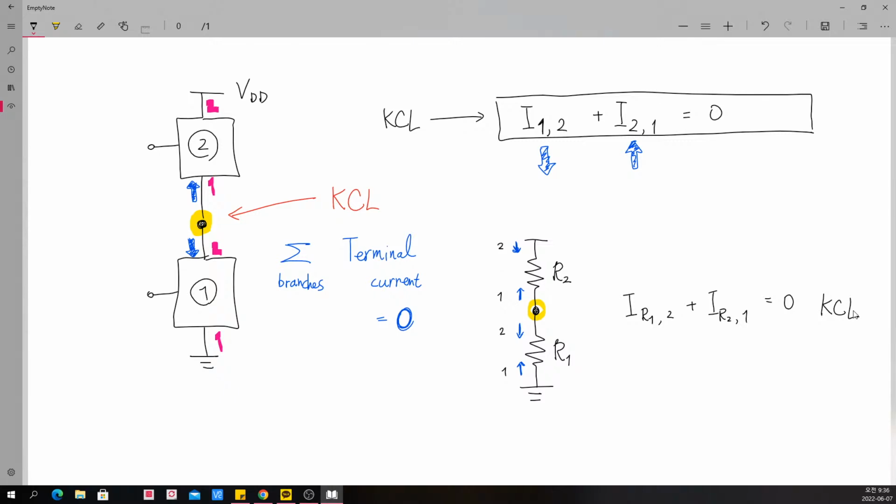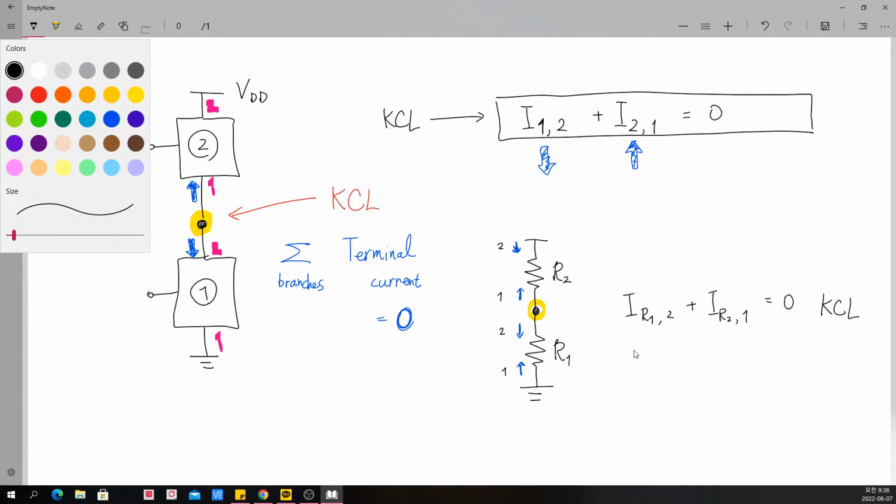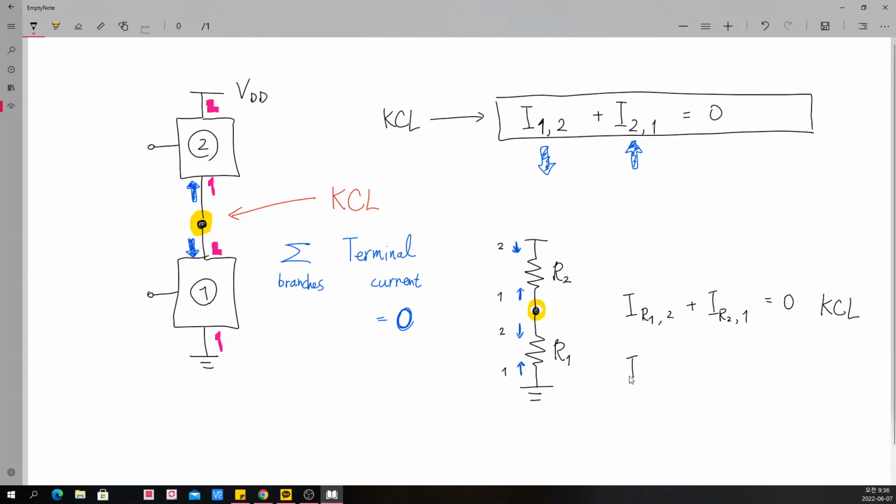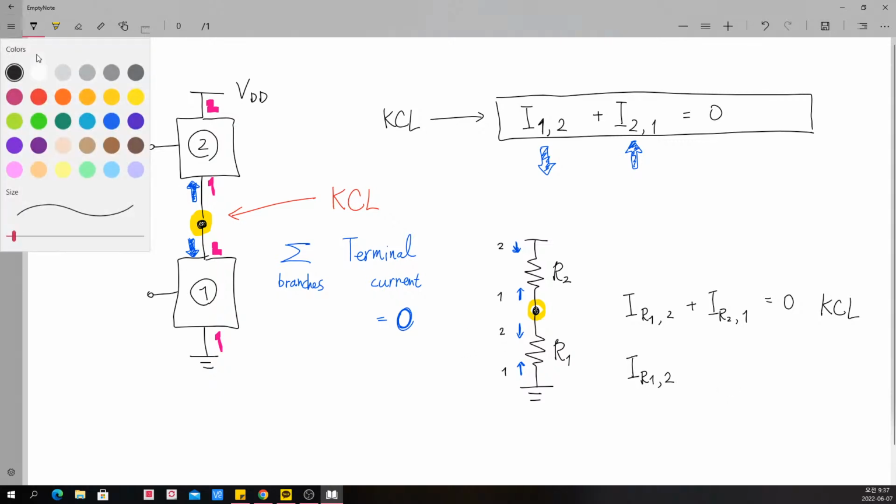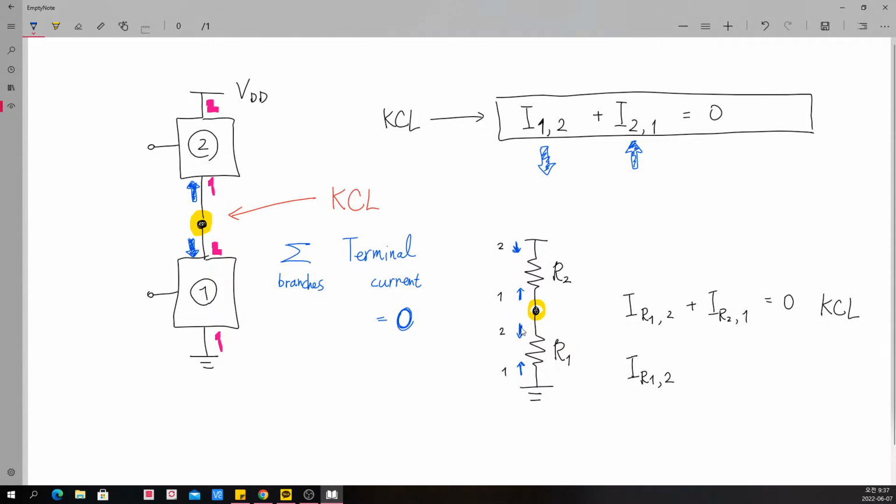Once you introduce this KCL, of course, this system is not determined because we have introduced two variables and there is only one single equation. So what we have to introduce is what the I of R1 and its second terminal current, shown here, will be.